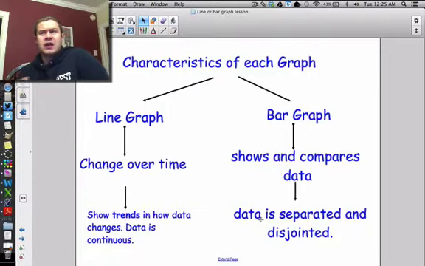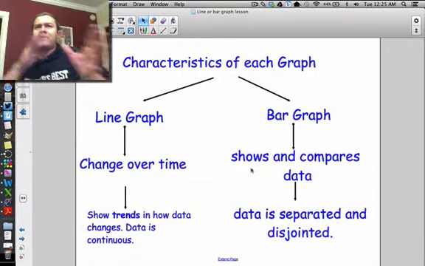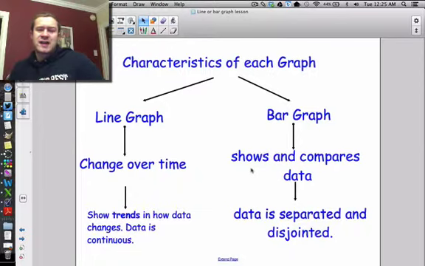And there wouldn't be any purpose to have lines in the middle because they're completely separate. If I put them together with those lines, it would make a relationship as if they were connected, or if there was a gradual change from soccer to football votes, and that's just not the case. And so those are some characteristics of each graph and the data that should be shown in those.